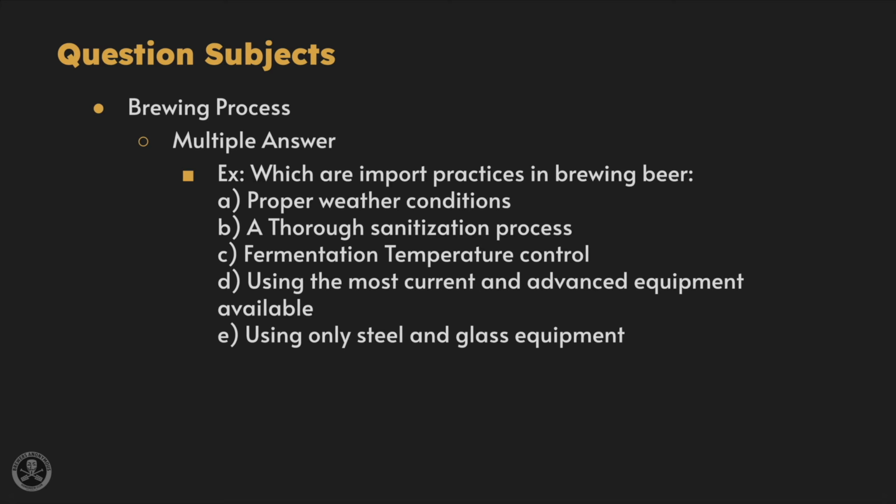A multiple answer example for the subject of brewing process. Which are the most important practices in brewing beer? A, proper weather conditions. B, a thorough sanitization process. C, fermentation temperature control. D, using the most current and advanced equipment available. E, only using steel and glass equipment. And the best answers to this question are B and C.